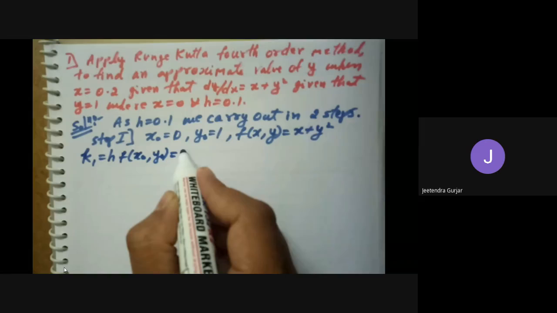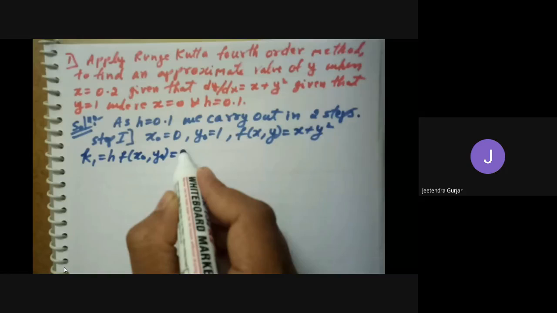Here please substitute the values now. So by considering what is given here, h is equal to 0.1. f of x naught y naught, by using the function x plus y square, what will become here? Function is going to be x naught plus y naught square. Right?